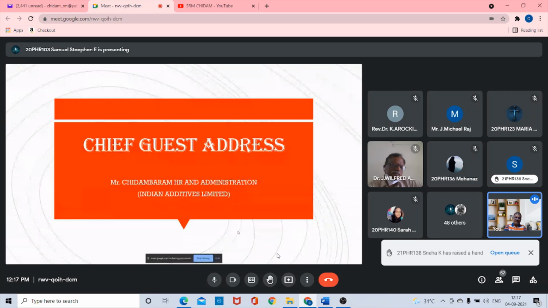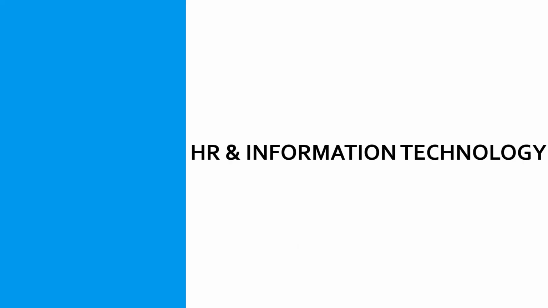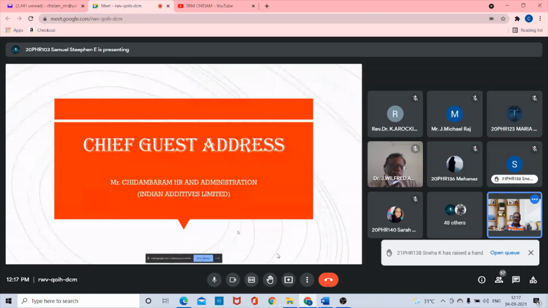So moving on to the final key business function, information technology. What is the role of information technology? The role of information technology is to store, access, exchange and analyze data, both voice and data communication.